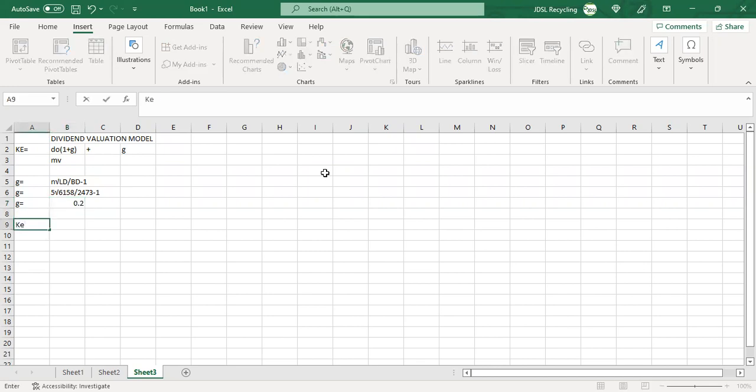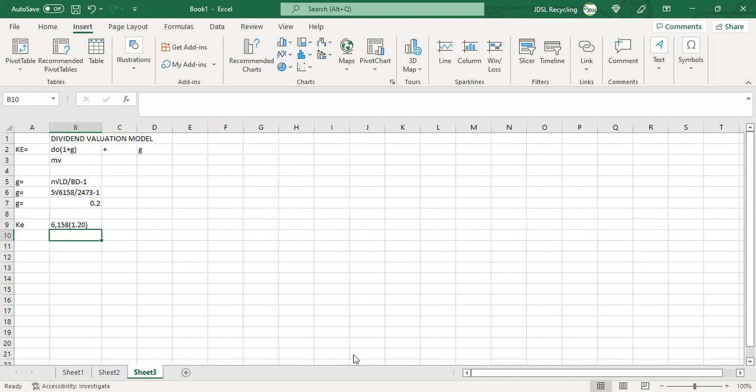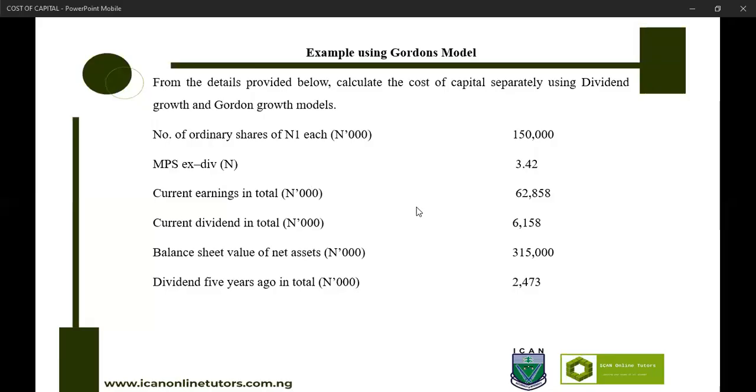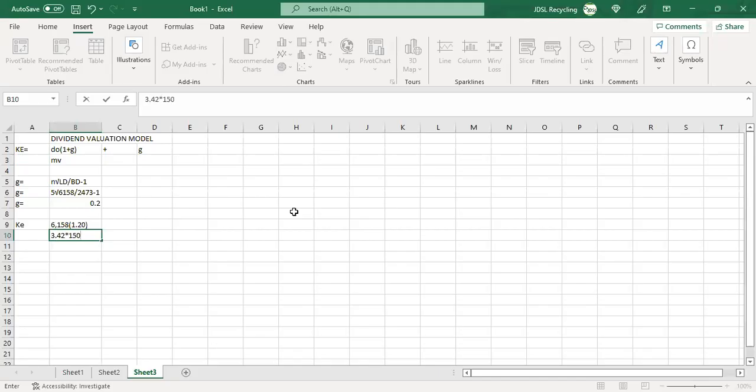Now, with this, we can calculate our cost of equity. What's our current dividend? 6,158. Don't forget, this is in total, times bracket 1.20, close your bracket, divided by what will now be our market value. $3.42 multiplied by the number of ordinary shares, which is what? 150,000.